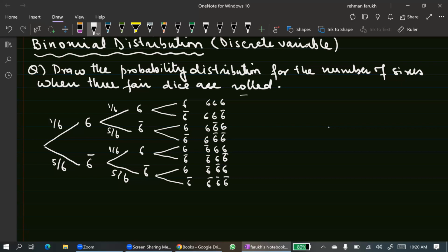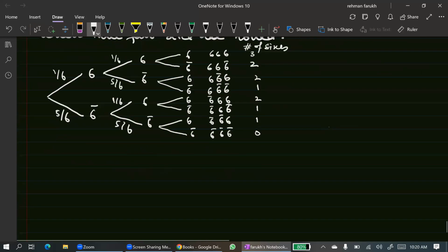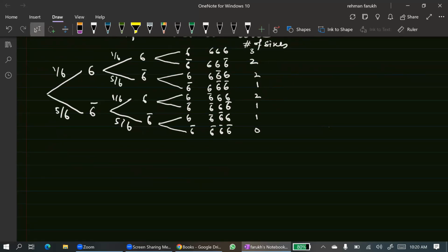Now the number of sixes are 3, 2, 2, 1, 2, 1, 1, 0. So the different values for the variable, that is number of sixes, is 0, 1, 2, and 3.